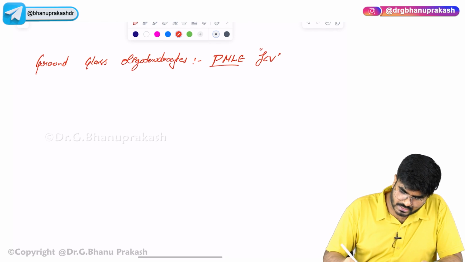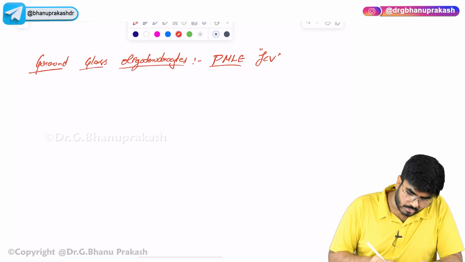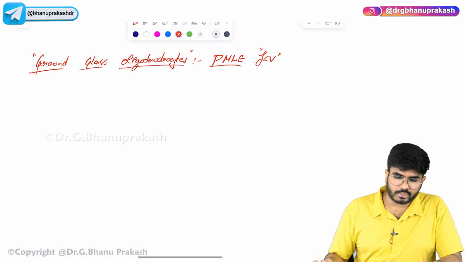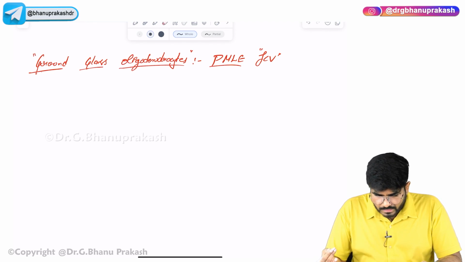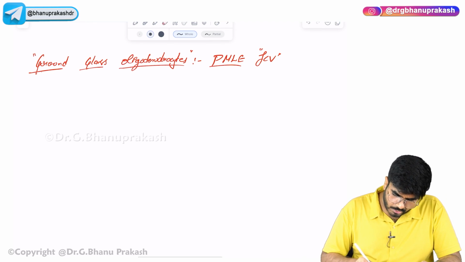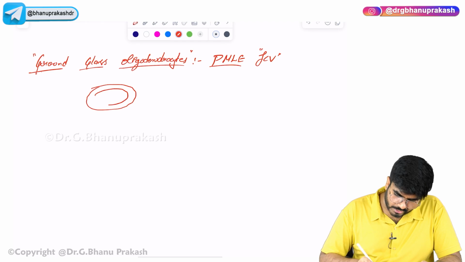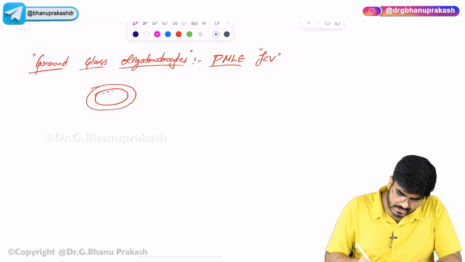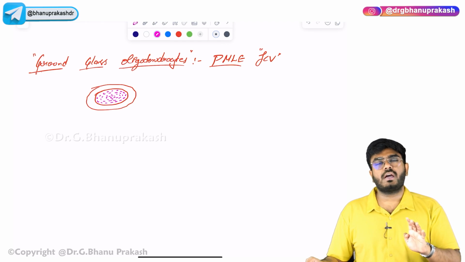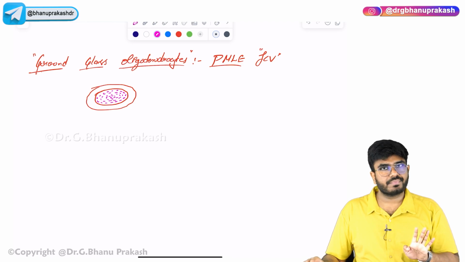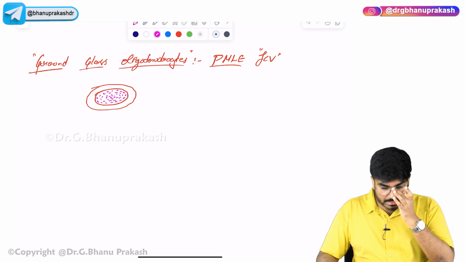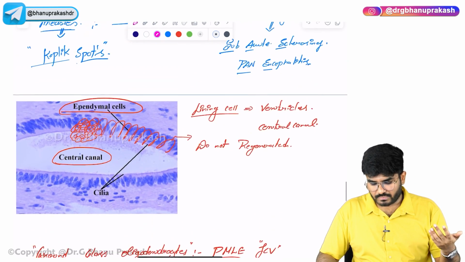So JC virus is also going to cause damage to the oligodendrocytes, where they look like a ground glass appearance. In the oligodendrocytes you will see these viral inclusions, and because of the presence of these viral inclusions, it gives you a ground glass appearance. So simple, ground glass oligodendrocytes are seen in JC virus, causing progressive multifocal leukoencephalopathy.